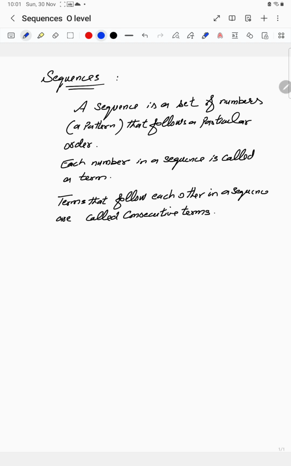For example, we can have different examples. If we have a sequence or pattern of numbers like 2, 6, 10, 14, and we have to write the next 2 or 3 terms with the same pattern.